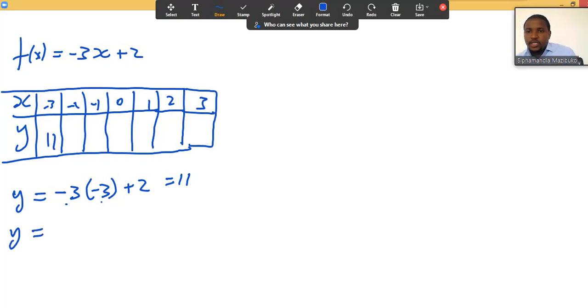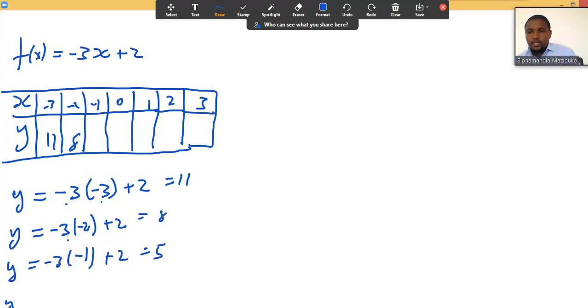And now x is equal to minus 2: minus 3 times minus 2 is plus 6, plus 2, that should be 8 actually. Let's look at x is equal to minus 1: minus 3 times minus 1 plus 2, so this should be 5.